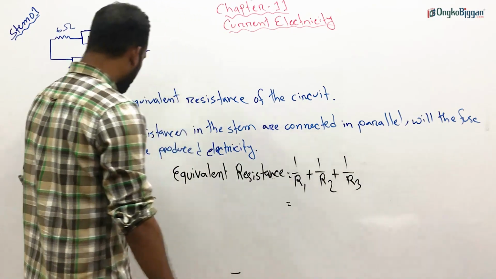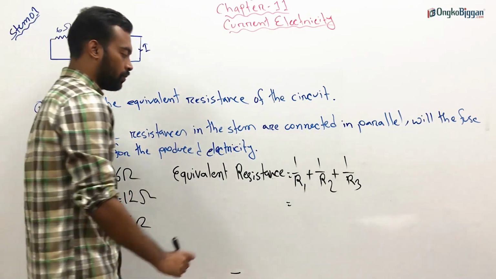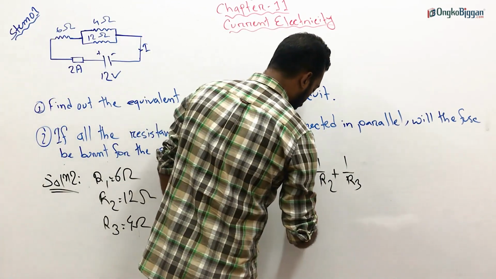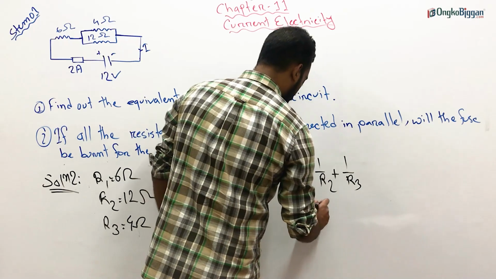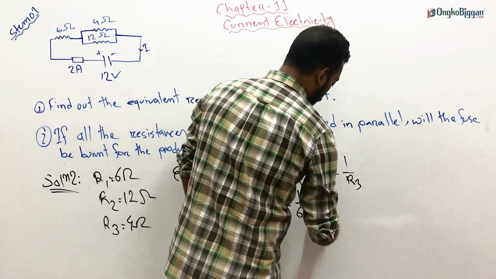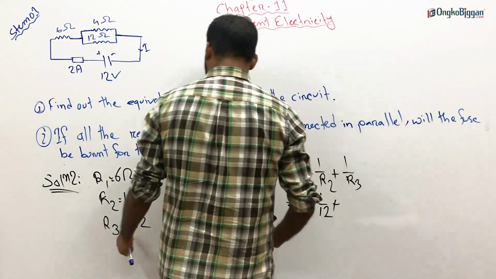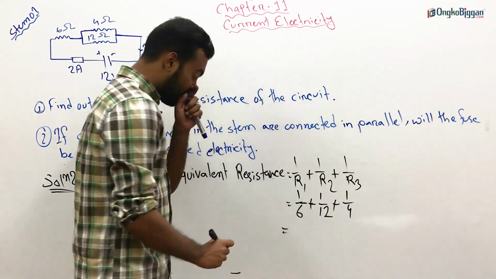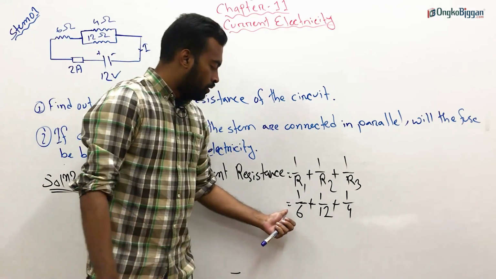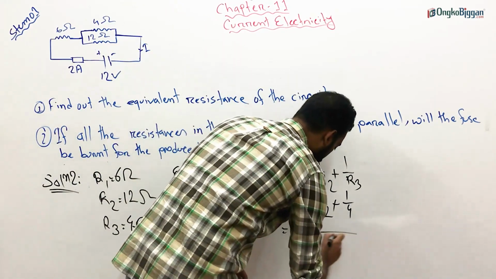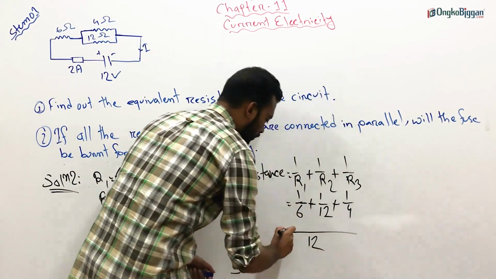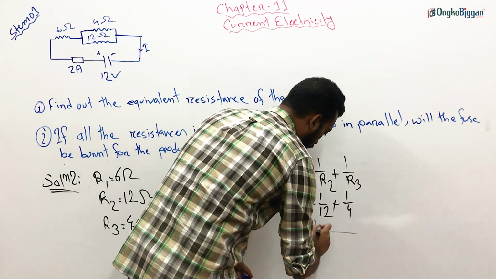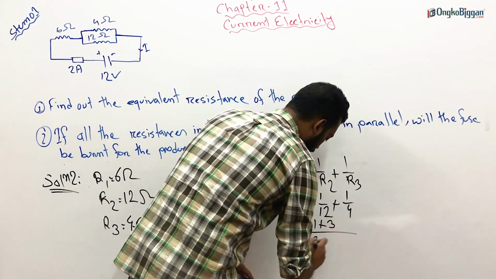So 1 by 6 plus 1 by 12 plus 1 by 4. With 12 as the common denominator, this is 2 plus 1 plus 3.